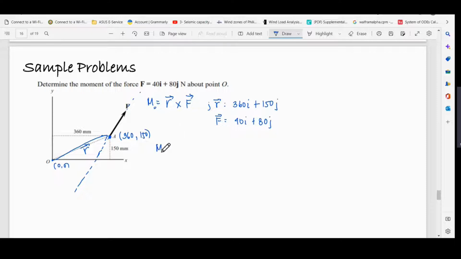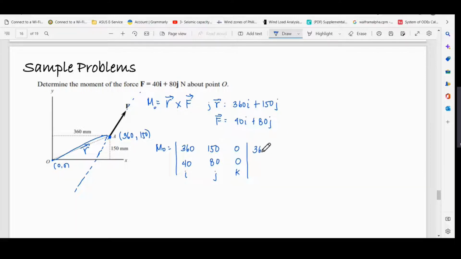So, ang gagawin natin dito is to apply the matrix or yung tinatawag nating basket rule. So, unahin natin dito. We have 360, tapos 150, and then the z, of course, is 0. And then we have here 40, 80, of course, 0 din yan. And then we have i, j, k.